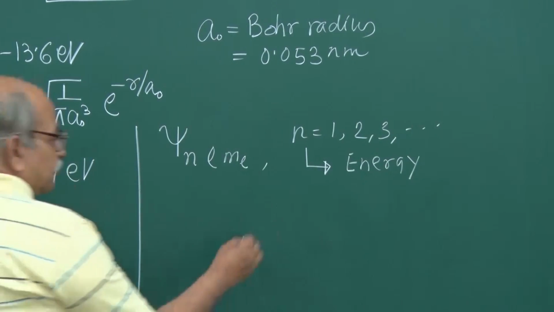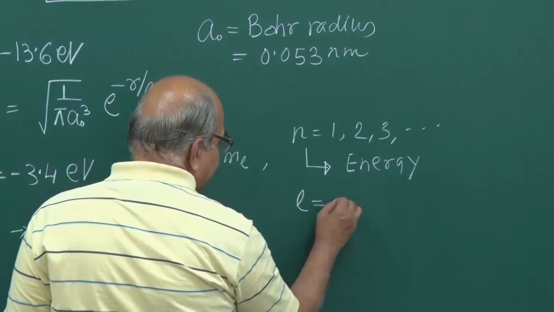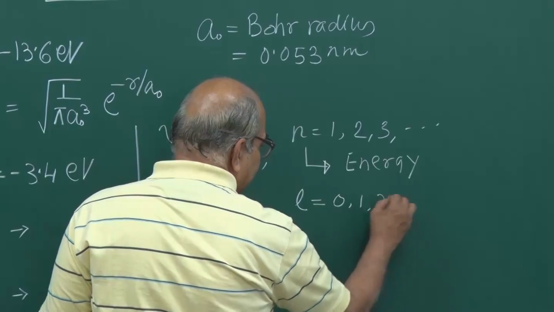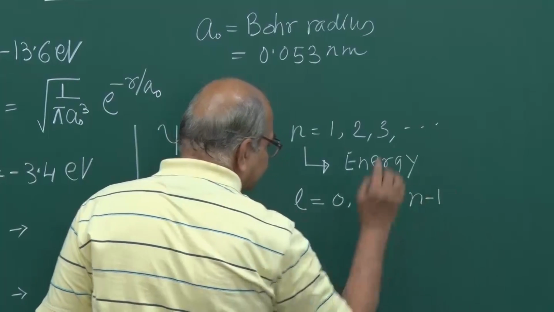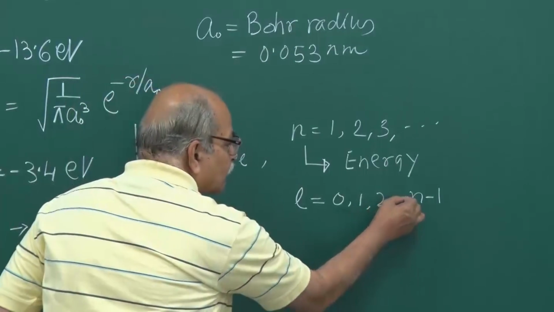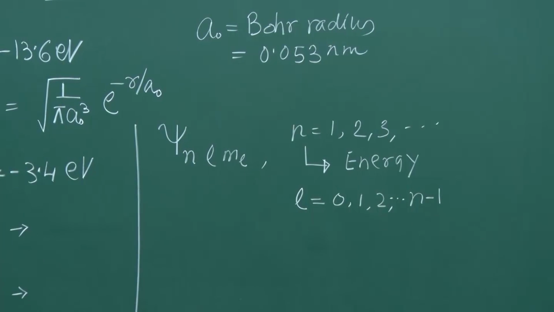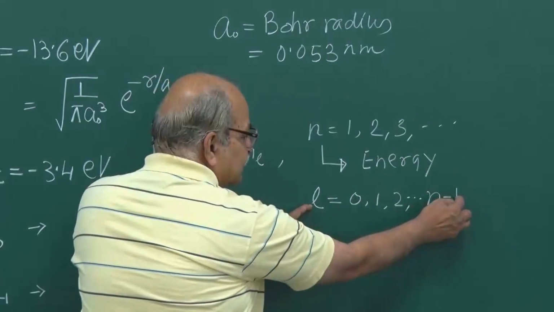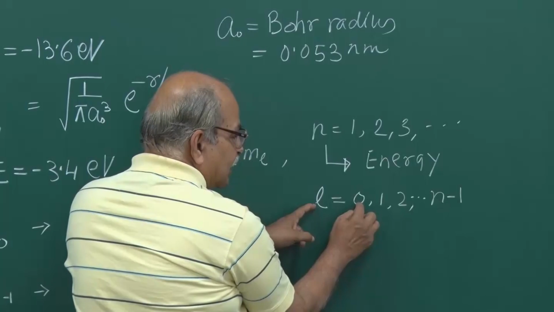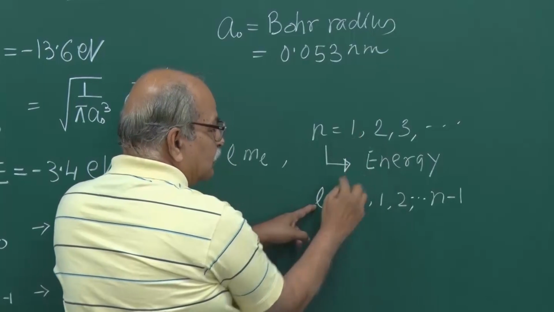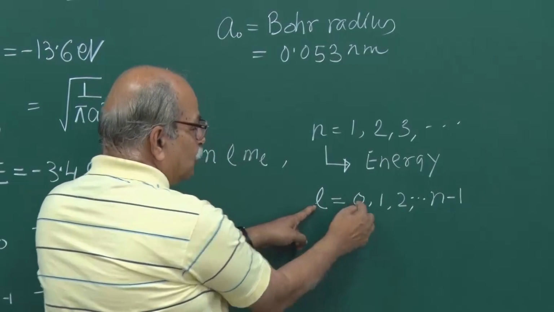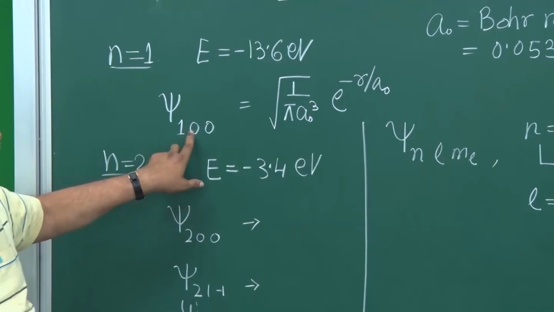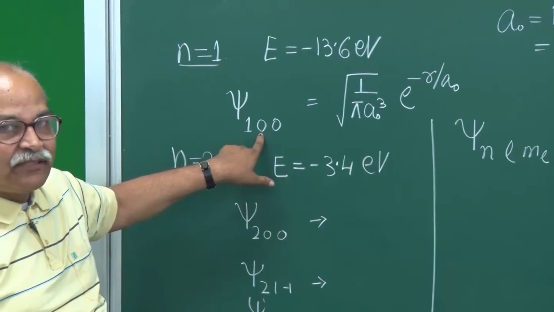And then this L can take value 0 and onwards 1, 2, and it should end at n minus 1. So if n is equal to 1, then n minus 1 is 0, so it should end there itself. So for n equal to 1, the only possible value of L is 0.